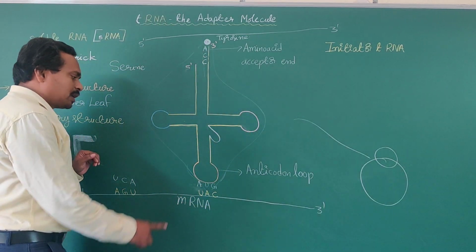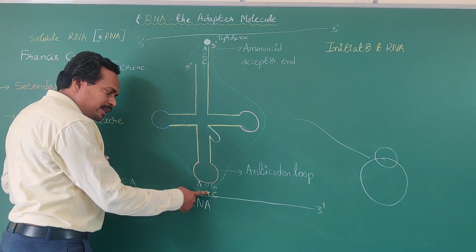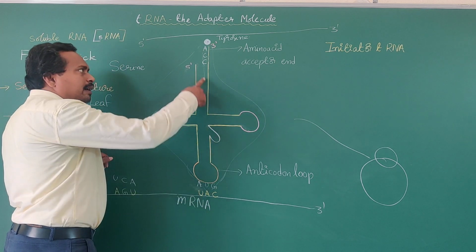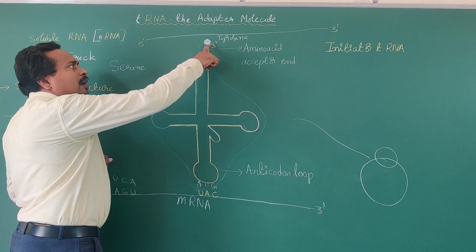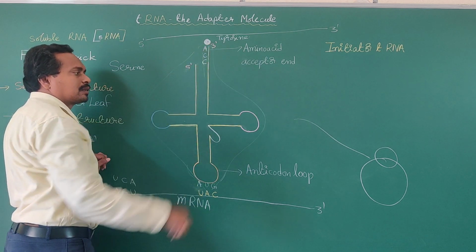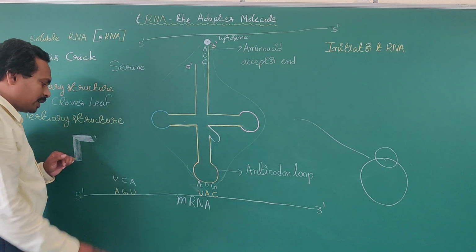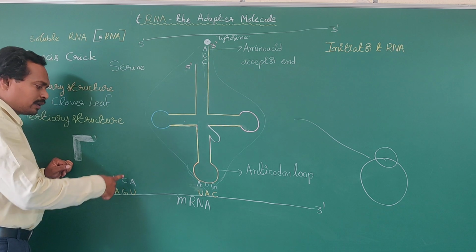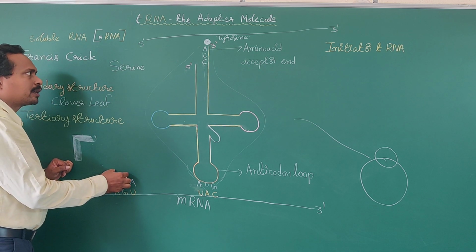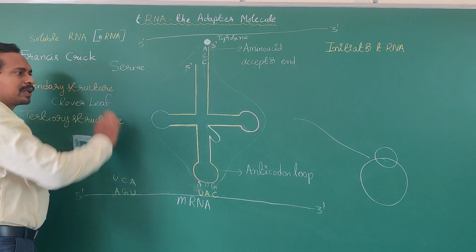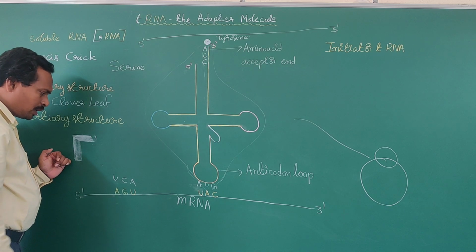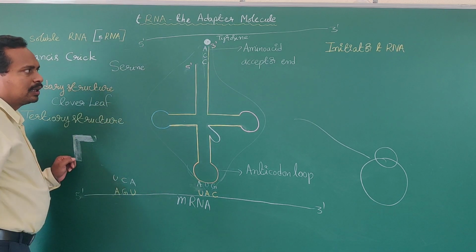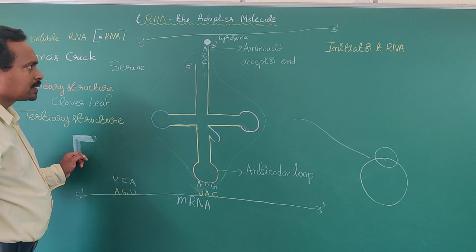Okay? Suppose the UAC codon is present on the mRNA strand, the tRNA molecule is attached to tyrosine. If the AGU codon is present on the mRNA strand, the tRNA molecule brings the serine amino acid.